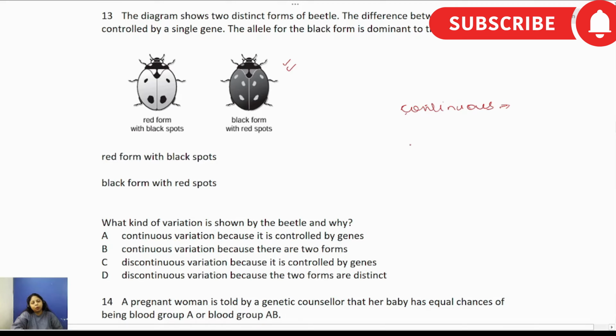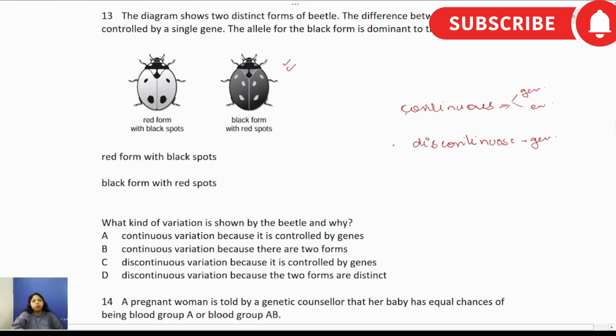One depends on both genetics and environment, and the other depends on genetics only. So yes, this one is related to discontinuous.